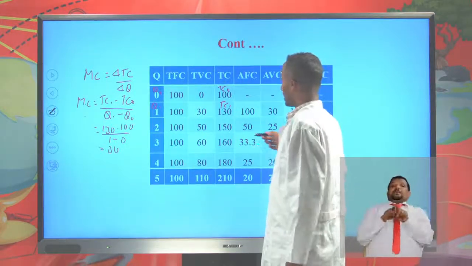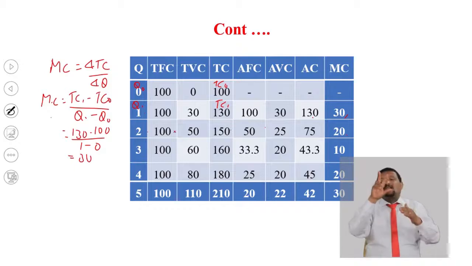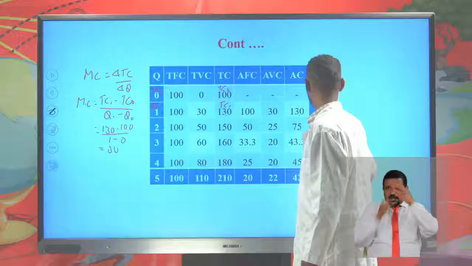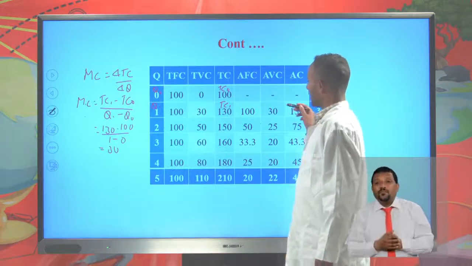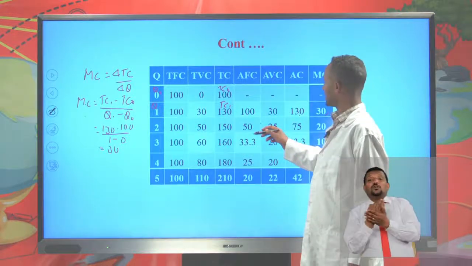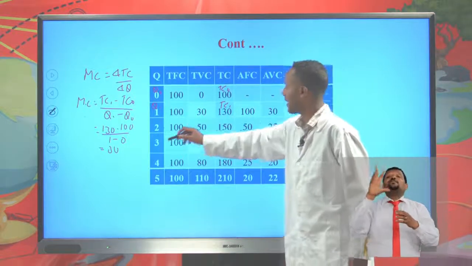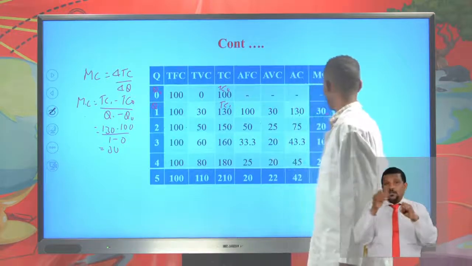Similarly, the marginal cost of producing 2 units of a commodity is 150 minus 130 divided by 2 minus 1, which is 20. And the marginal cost of producing 3 units of a commodity is change in TC, which is 160 minus 150 divided by 3 minus 2, which is 10.